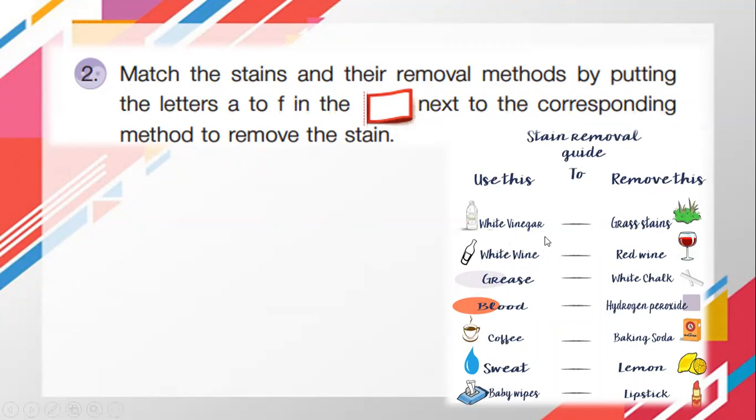We have white vinegar, white wine, greases, blood, coffee, sweat, baby wipes. And what we can remove with those are grass stains, red wine, white chalk, hydrogen peroxide, baking soda, lemon, lipstick.